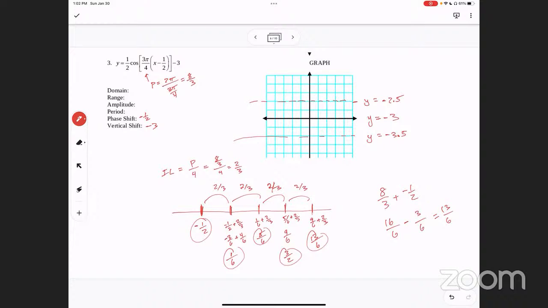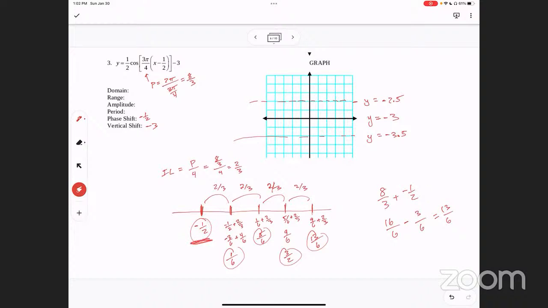Oh, I know what I'm doing. I'm subtracting these. I should be adding them together because this is on the other side of 0. That's what I did wrong. So this is the correct answer, but I should be adding them together, not subtracting them to check.